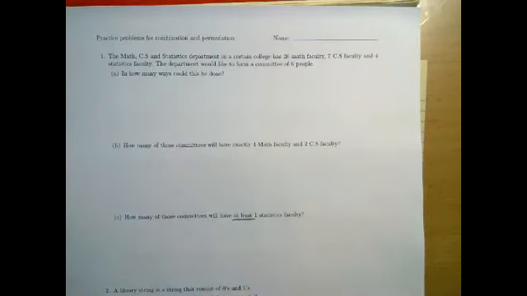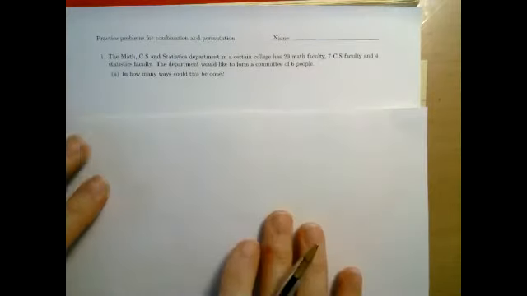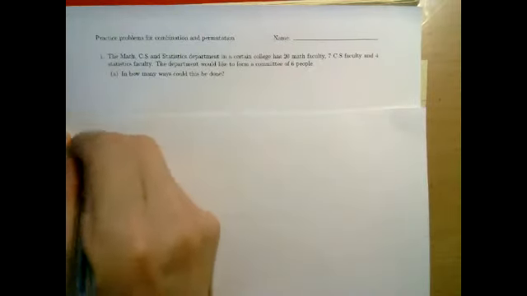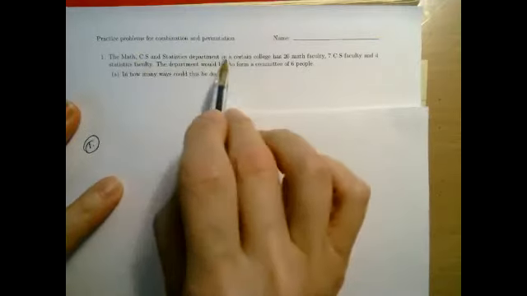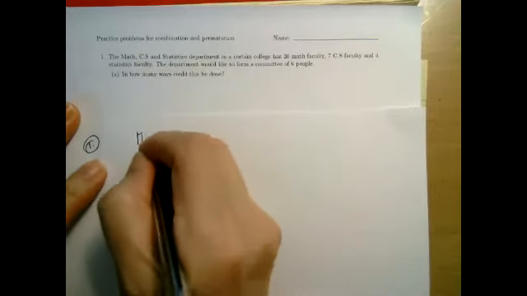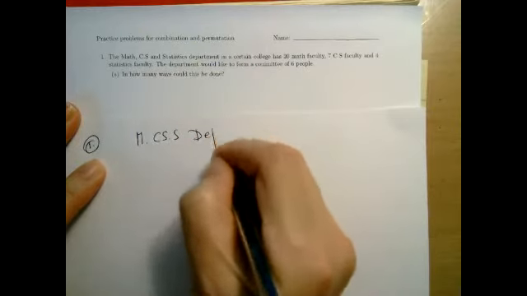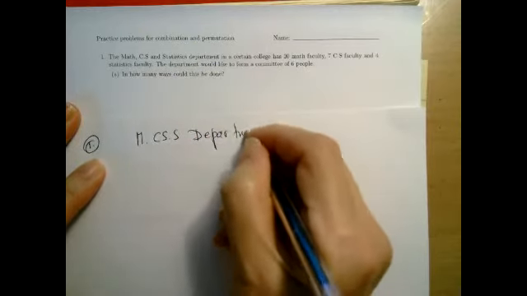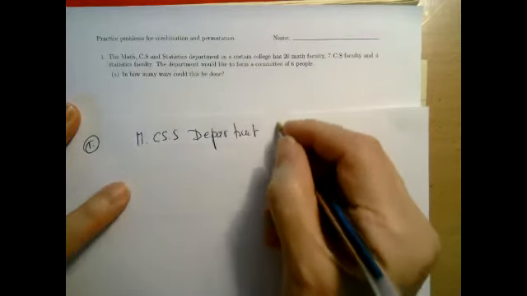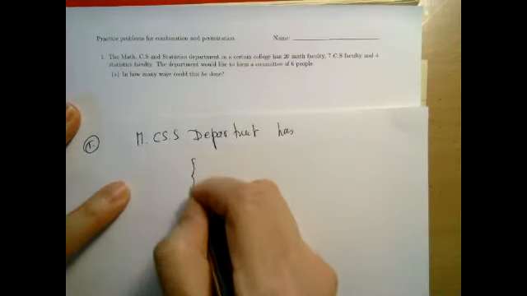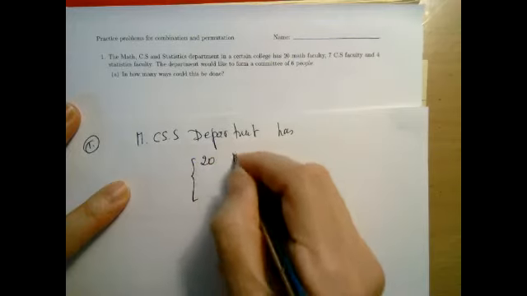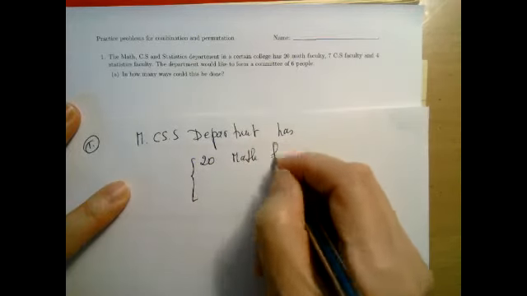So I'm going to write it. You write it here and you want to think about it. So this is it. The Math, CS, and Statistics Department. So let me call it MCSS, whatever, department. So you have a department in a certain college that has 20 math faculty.